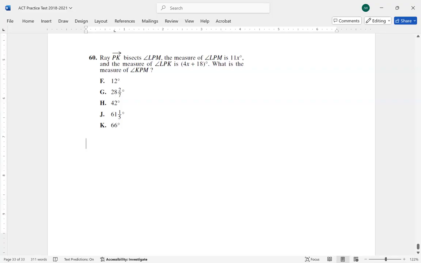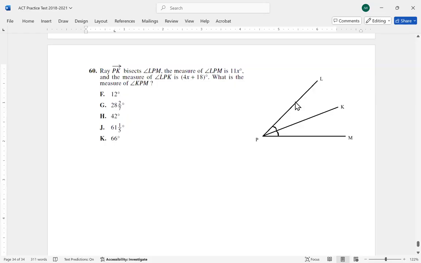What is the measure of KPM? Oftentimes, it's nice to draw a picture, so I'm going to draw a picture so I can understand this a little bit better. And then I'll drop it in to this Word document. So here's my picture here on the right.